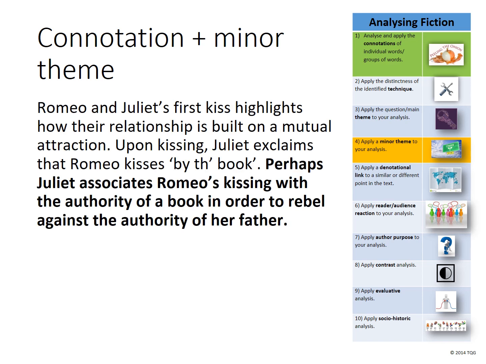So, if we are to do this, perhaps Juliet associates Romeo's kissing with the authority of a book in order to rebel against the authority of her father. So we're taking this idea of authority as connoted by the book, and we're linking it to this minor theme of authority and rebellion that could occur elsewhere in the play.